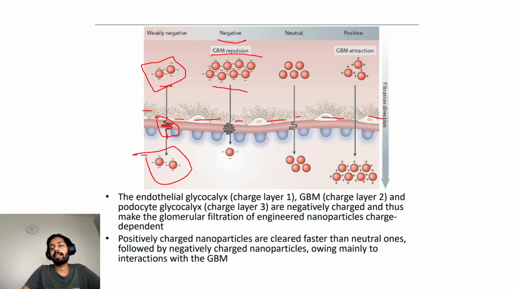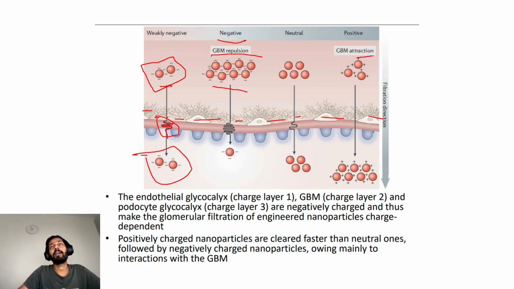They keep staying in circulation because of this GBM repulsion. Whereas neutral particles more or less get eliminated. They do not interact with the GBM in a charge-specific manner. They might have other interactions and take some time, but more or less they get eliminated without a problem.